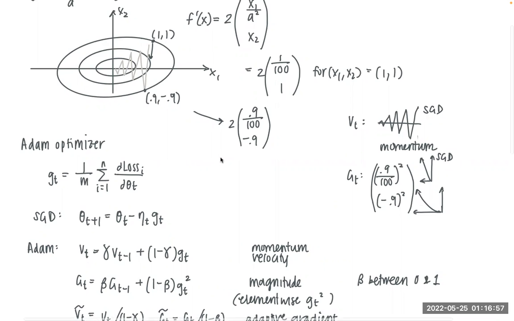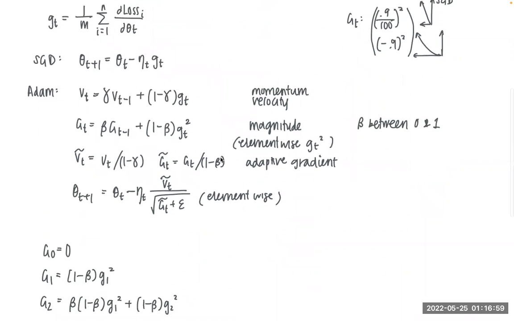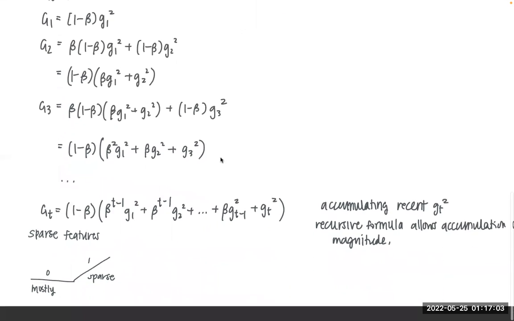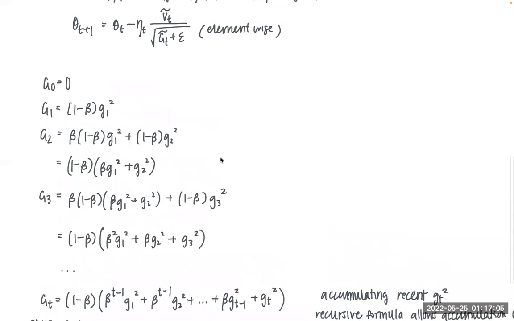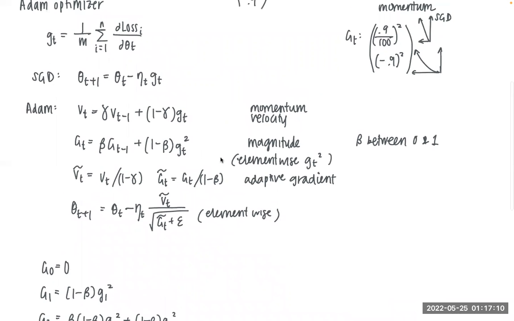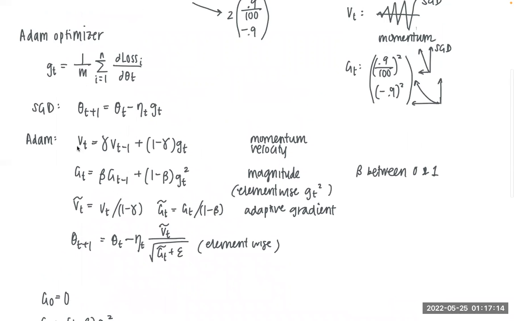So that's the optimization part, which is the practical implementation of stochastic gradient descent. Adam actually combines two existing ideas. One is momentum, SGD with momentum, where we accumulate momentum.